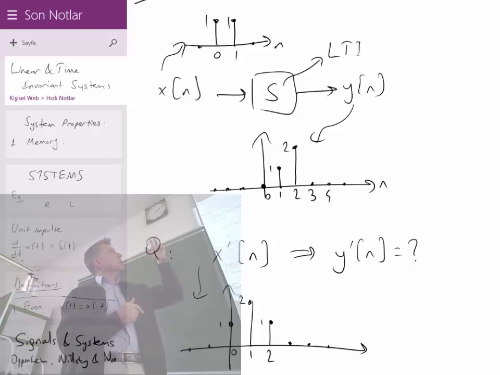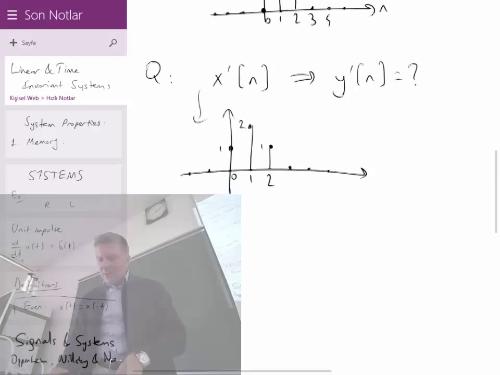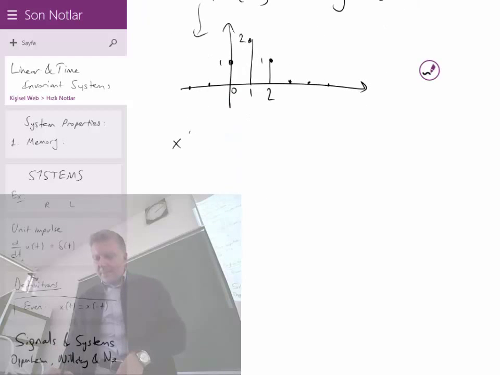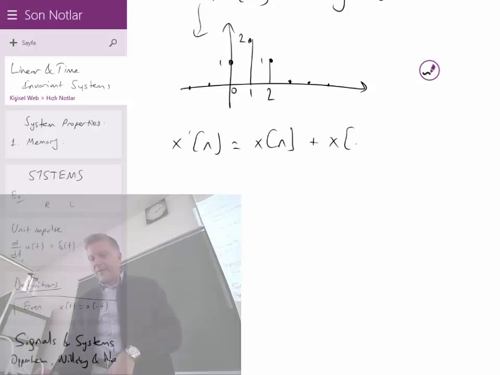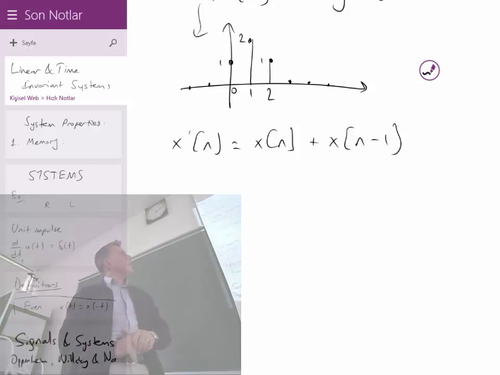One of them is therefore x of n, the other one is x of n minus 1, one shifted version. Then two 1 samples at 1 will be combined to form a 2, and the others will be 1. So it will be 1, 2, 1, just like this x prime of n. So x prime of n is quite simply x of n plus x of n minus 1. That's how I constructed this shape.